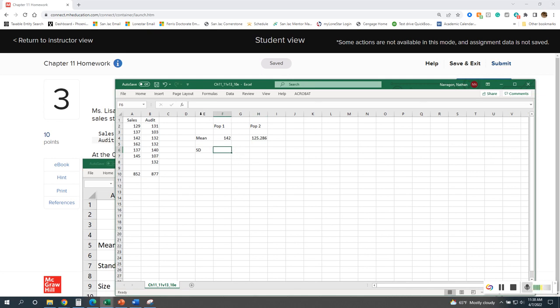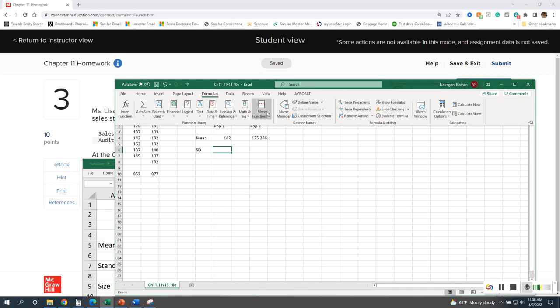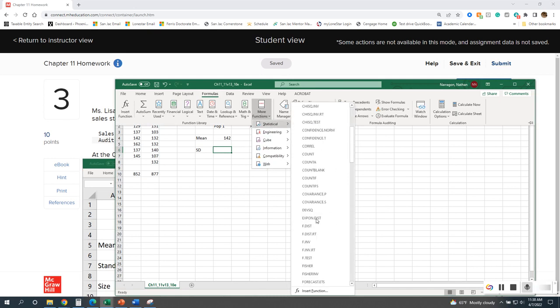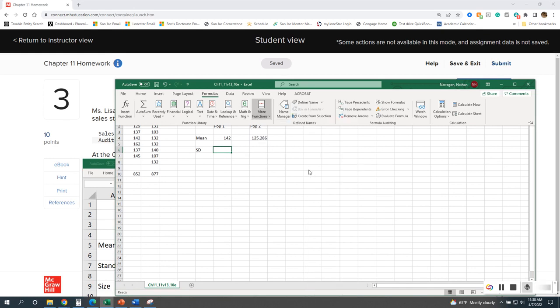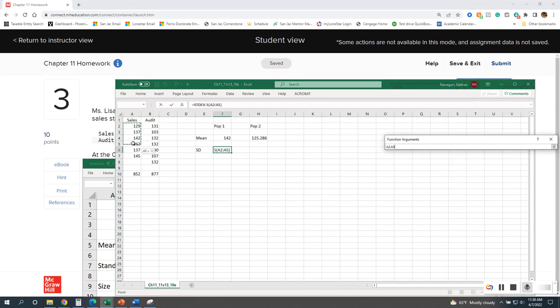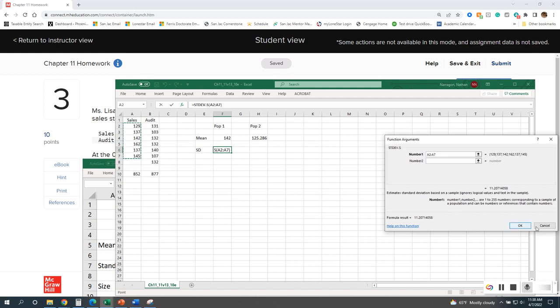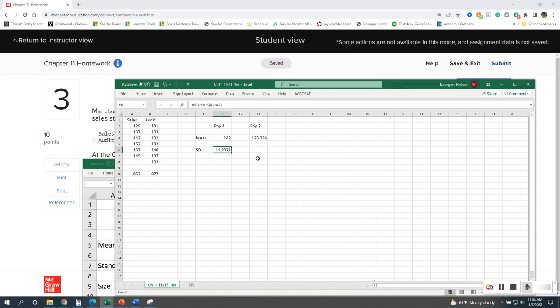And now standard deviation. We can go formulas, stat, and find standard deviation, sample. Tell it to go okay. And then go equal.